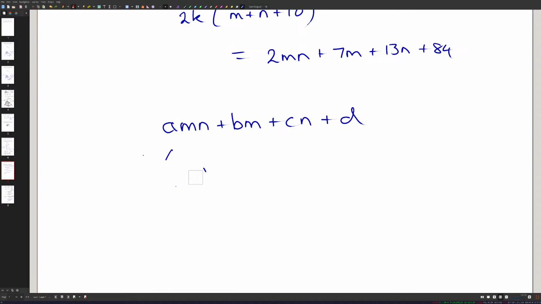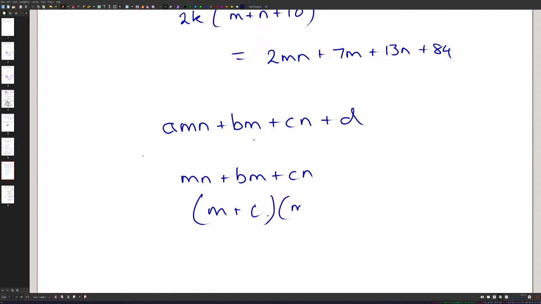If that A wasn't there, if you just had MN plus BM plus CN, then you'd have (M plus C)(N plus B) minus BC. It's a product of two linear factors like that. The trick you can use here is, I'll just show you how it works.